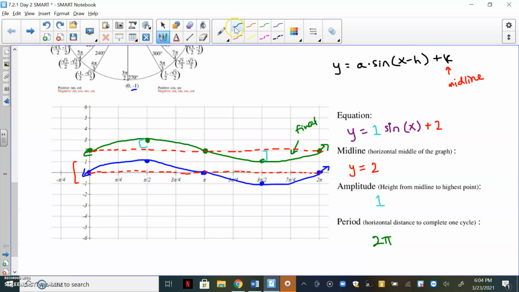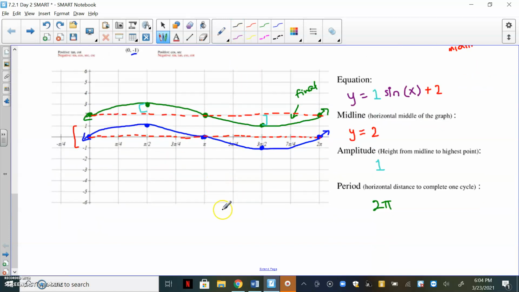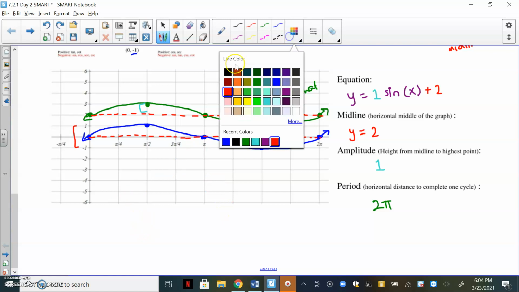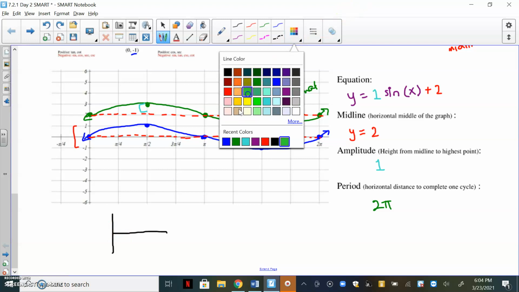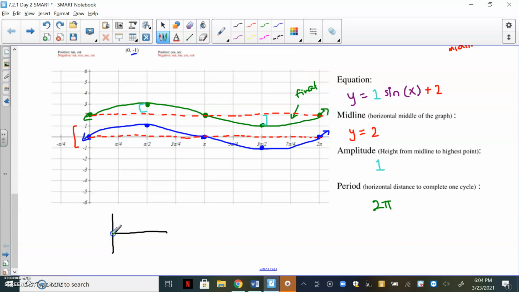Now, like I told you a little earlier, there is a 5-point trick to graphing sine functions. All sine functions are going to look something like this. Okay, here's our graph, and I'll just follow the parent function. If this axis is our midline, you always start at the midline, you always go to the highest point next, back to the midline, lowest point next, and back to the midline.